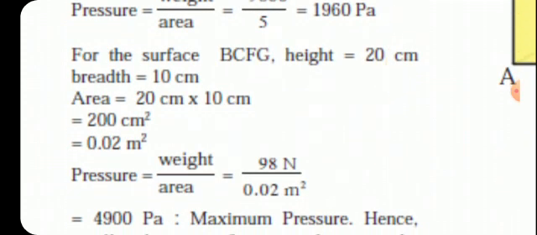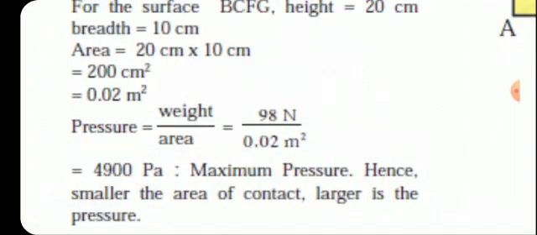For the surface BCFG, height is 20 centimeter and breadth is 10 centimeter. And when you convert centimeter into meter and if you calculate the area, it will come as 0.02 meter square. Pressure is equal to weight upon area, 98 Newton divided by 0.02 meter square and the answer is 4900 Pascal. So maximum pressure is exerted by the surface BCFG.